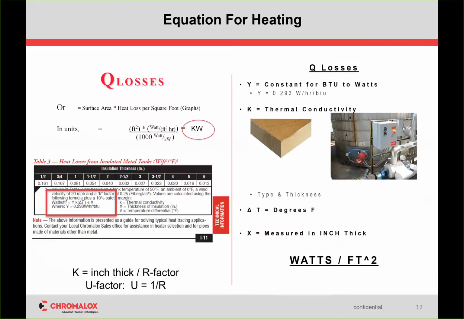And you'll be given the R factor in most installations. You can look them up in charts and graphs. The equation for that is quite simple. You take the K factor, or you can back calculate for the R factor. There's a constant converting BTUs to watts, again, per hour. And that's the Y in the top right. The equation is in the back of the catalog. It's just kind of buried there in the subnotes.